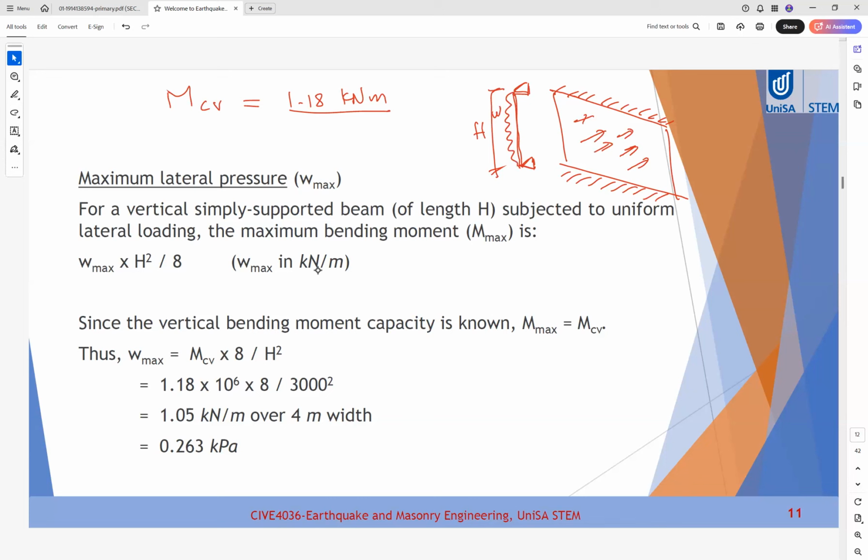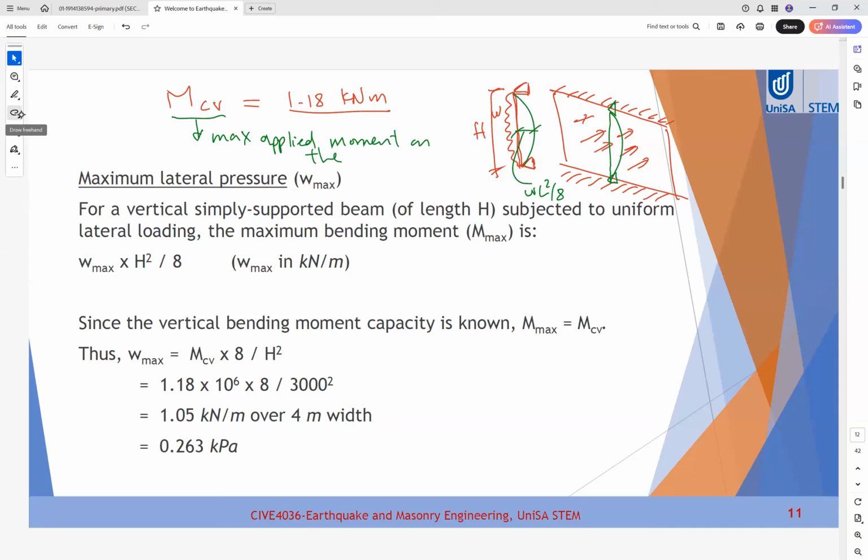So what is the moment in this case? If you have a slab or beam simply supported and has a load of W, how much is the maximum moment? This will be the moment: WH squared by 8. Yes, WL squared by 8. This is our moment. So the idea is we will use MCV as the maximum applied moment on the wall.